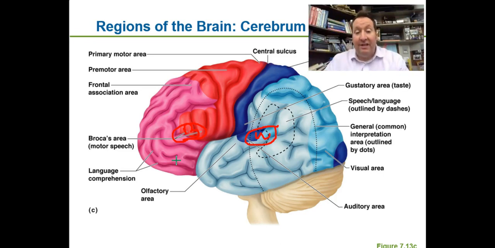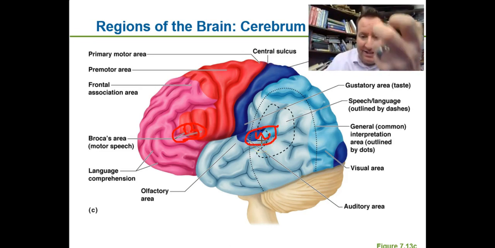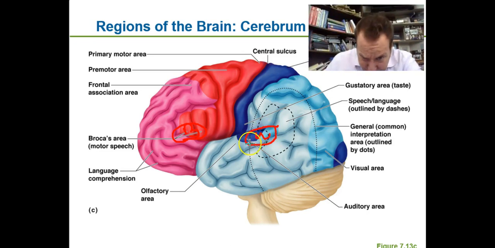So you kind of have to piece together that particular statement. Again, Wernicke's area is located right here. It allows us to understand what's being said. And Broca's area allows us to communicate with that motor speech right there.